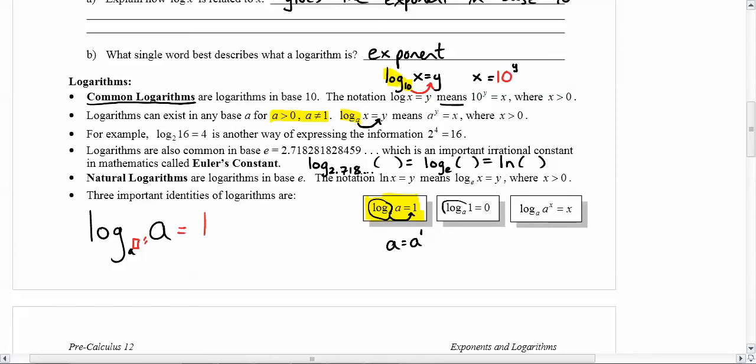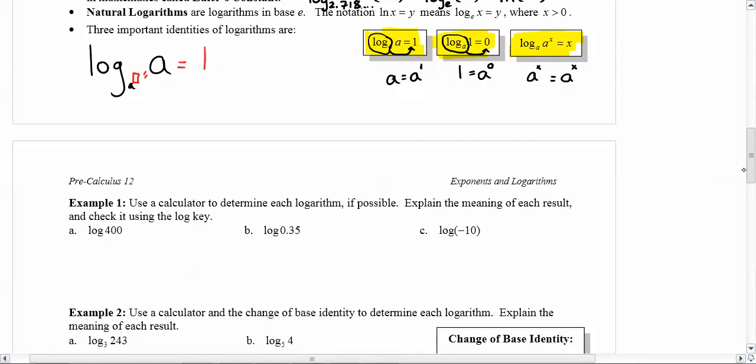So same thing here. You take the base to the other side of the equation, it becomes the base of an exponent. So this expression is telling us that a to the power of 0 is 1. And the last one is saying that a to the power of x is the same as a to the power of x. So we can use this to determine some logarithms.